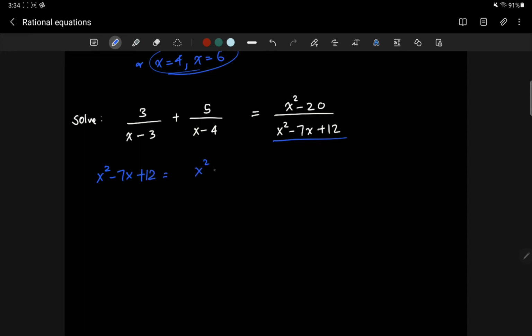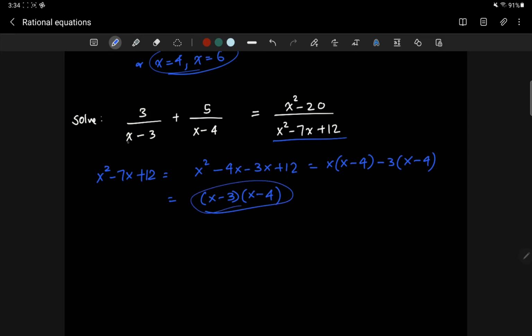To factor this, I split them as negative 3, negative 4, which comes out to x times x minus 4 minus 3 times x minus 4, which comes out to x minus 3 times x minus 4. Which is good news, because those are exactly the factors I have there, which means my LCD is simply x minus 3 times x minus 4.